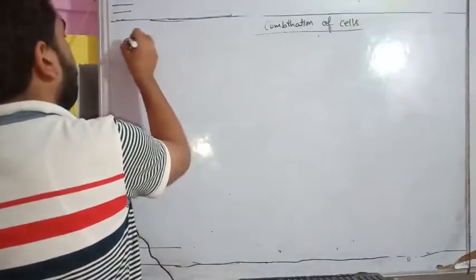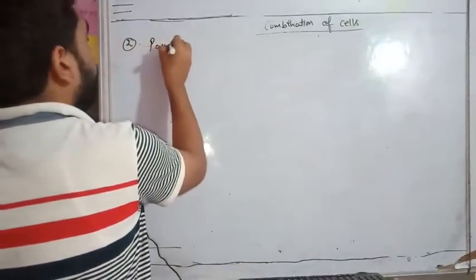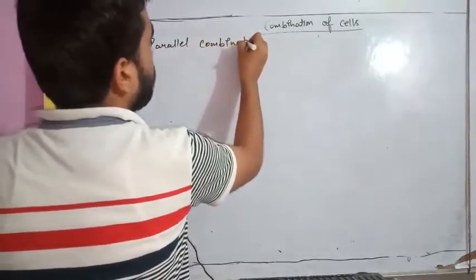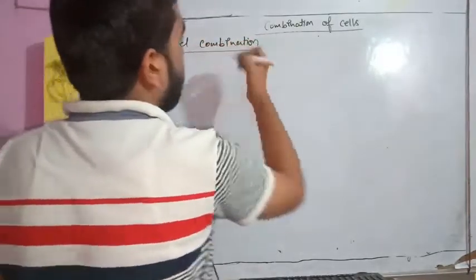This is the second case, parallel combination. What will be there in the parallel combination? So let us firstly draw the circuit for this.